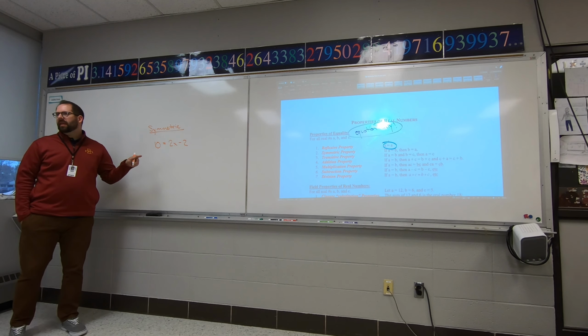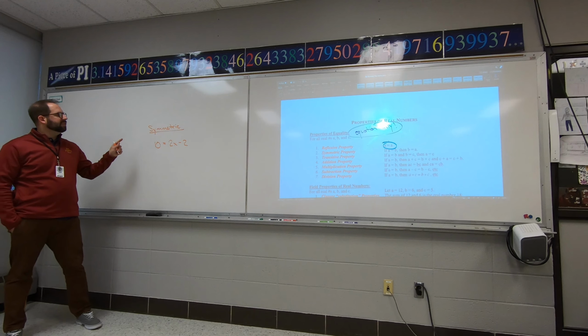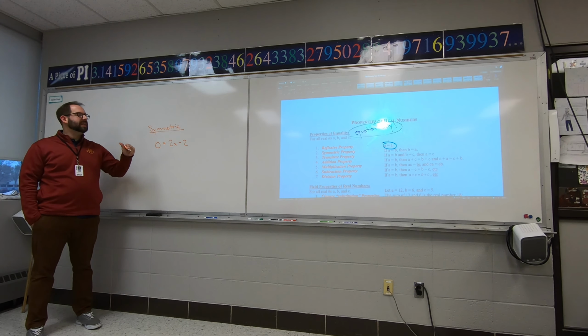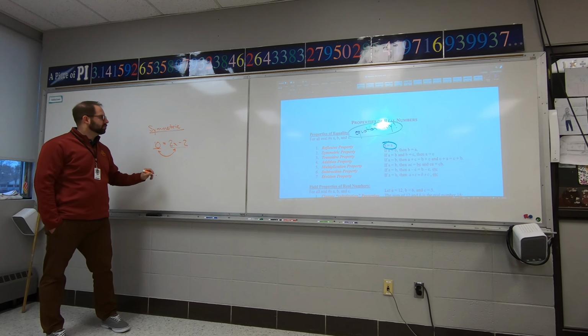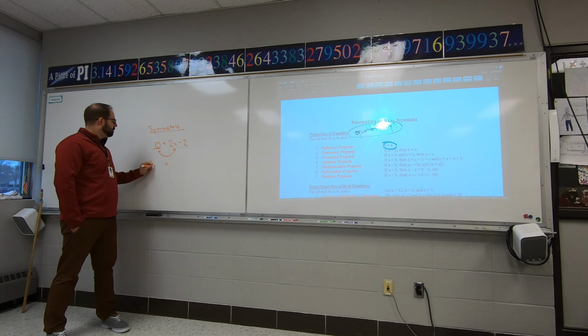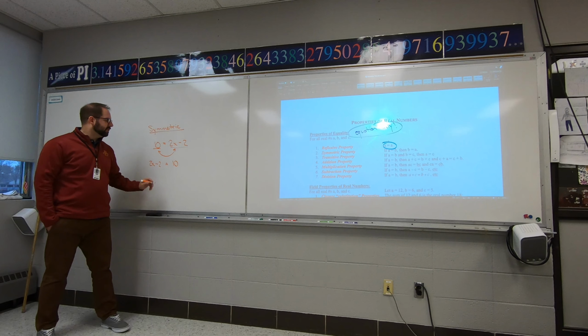Some people, when they see that, get kind of unnerved by it. The symmetric property allows you to take this equation and switch the right and left side. You're allowed to just switch these automatically across an equal sign. That's symmetric. I keep them exactly the way they're written, but I just flip their sides. This is still the same problem.